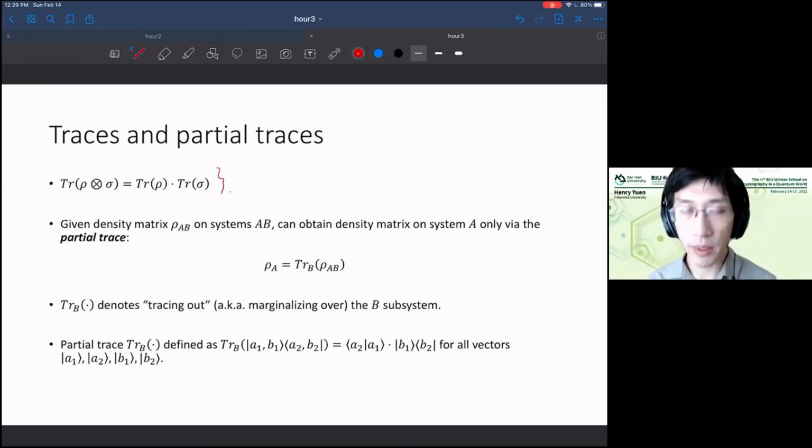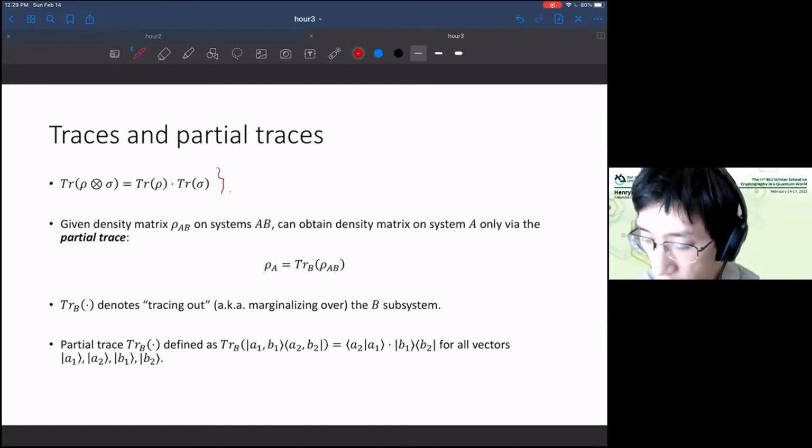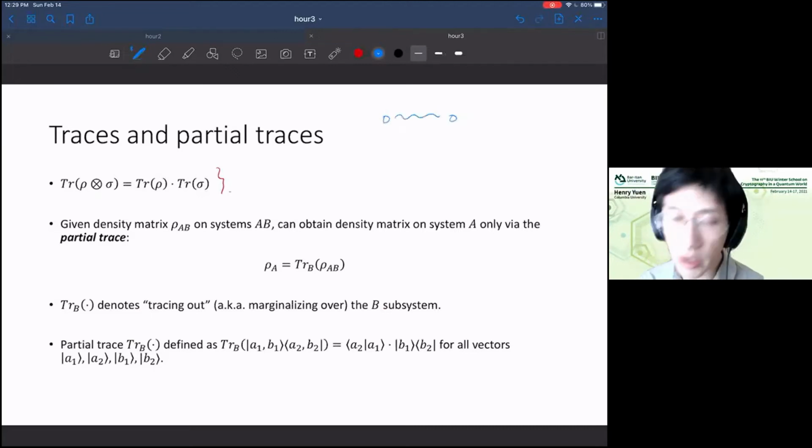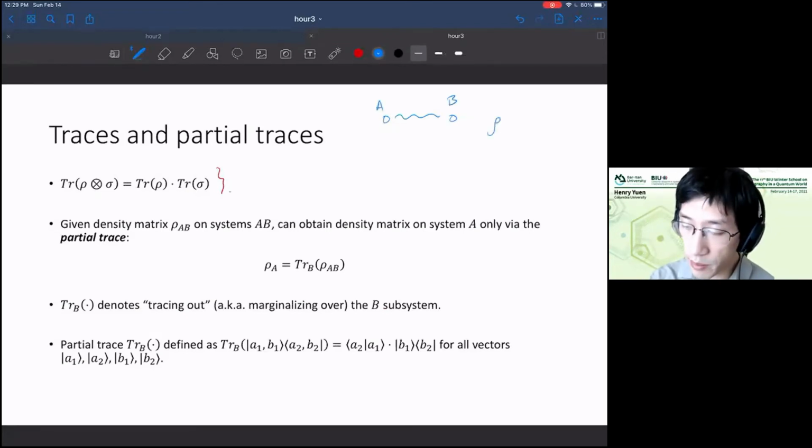More interesting is something called the partial trace. So let's imagine that you had 2 qubits, maybe they're entangled or classically correlated, and you have qubits A and B, and we have a density matrix rho AB to describe the mixture of the system.